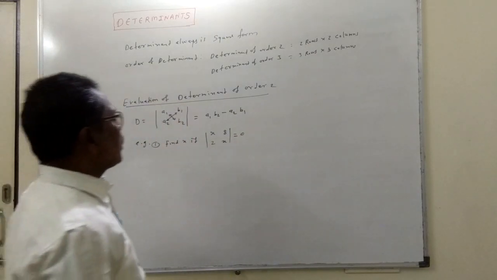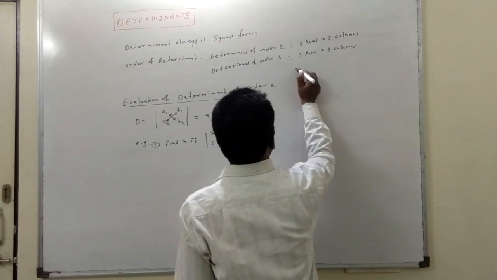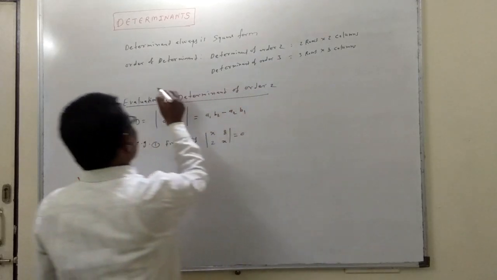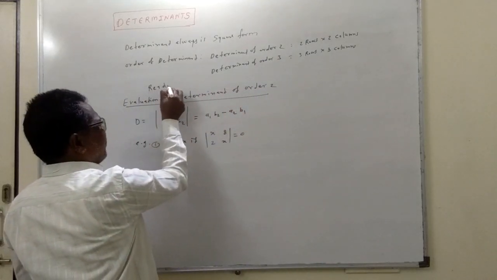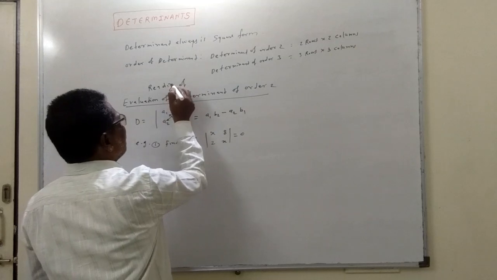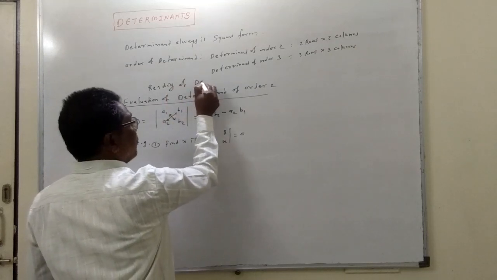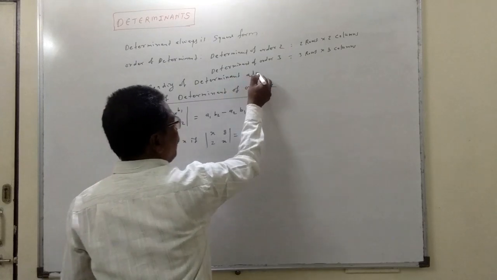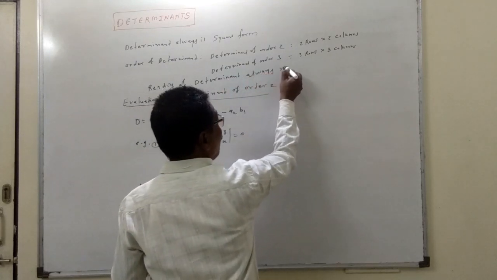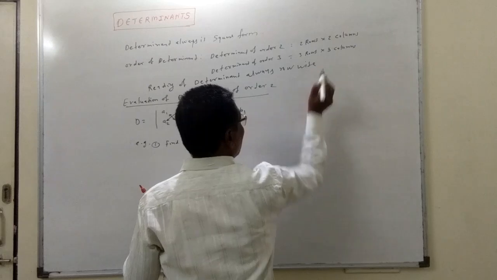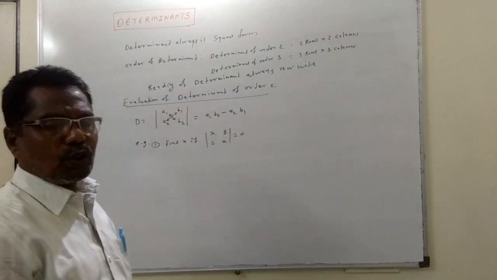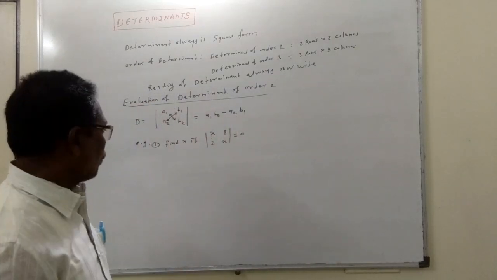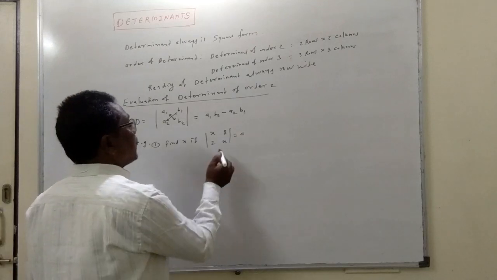Reading of the determinant is always row wise. That is, you first read the elements of the first row, then the second row, then the third row, like this. So you want to find x if this determinant is zero.